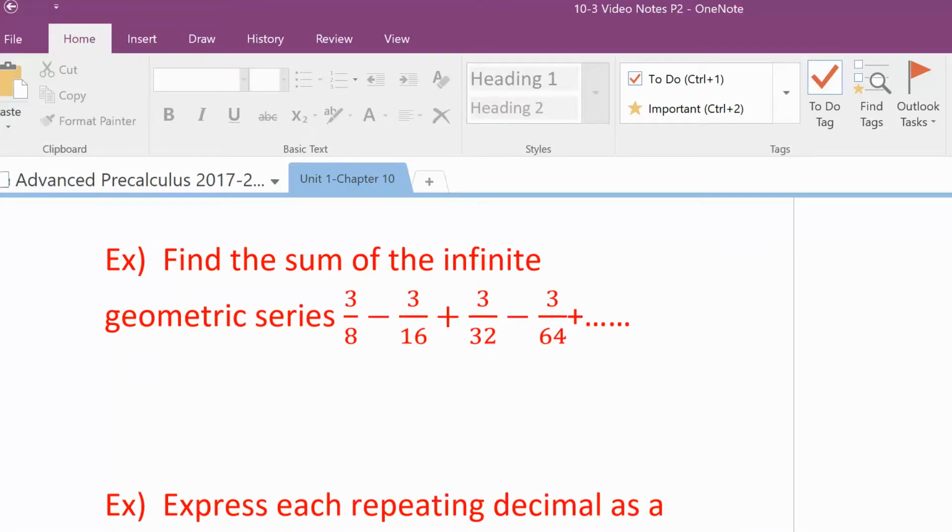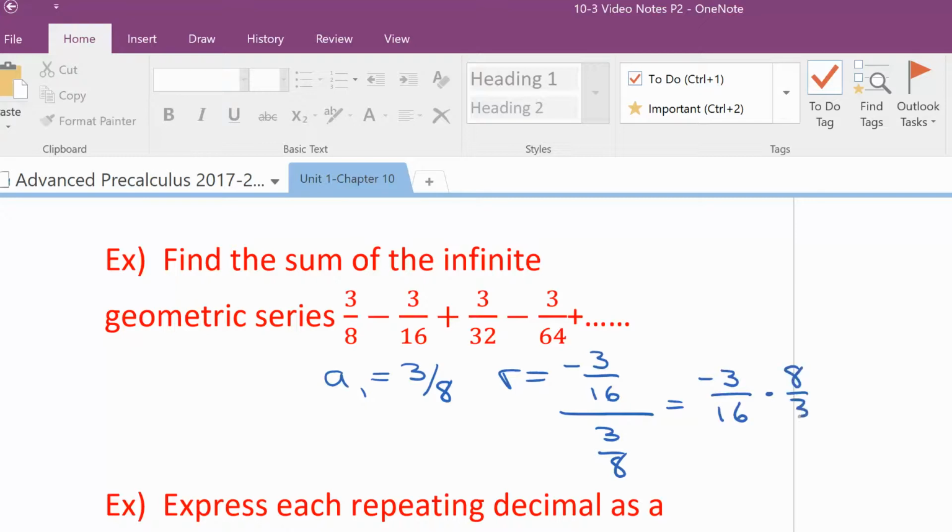The next one, if you look at it, the first term here is 3/8. The ratio is -3/16 over 3/8, which means you multiply by the reciprocal. So basically the ratio is -1/2.